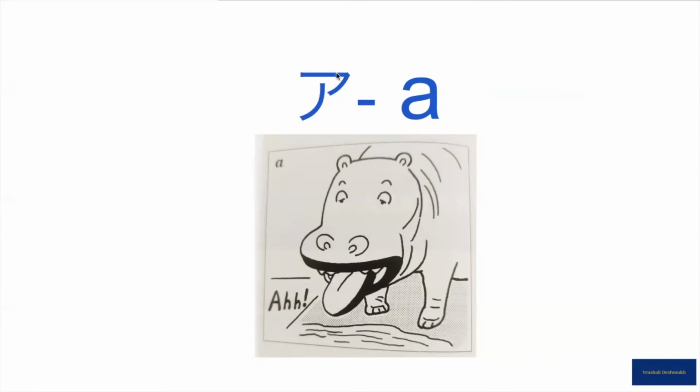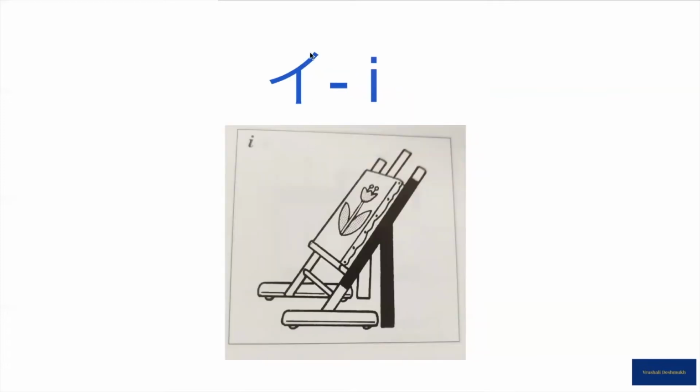Only 2 strokes, 1 and 2. The next one is e, which is an easel holding a picture. Okay, e for easel. Again only 2 strokes, 1 and 2.